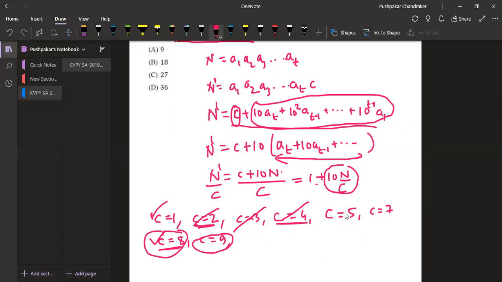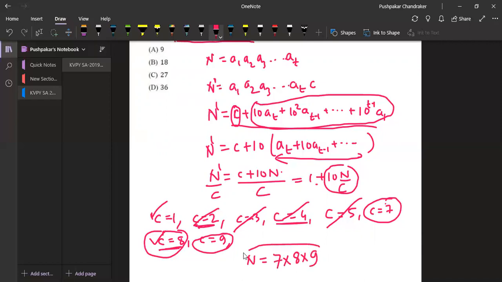Now c equals 5. c equals 5 will always work, because 10 is divisible by 5. So cross this also. Now 7. 7 is a prime number, so n must be a multiple of 7 because 7 cannot divide 10. It means n must be, because we want the least number, 7 times 8 times 9.